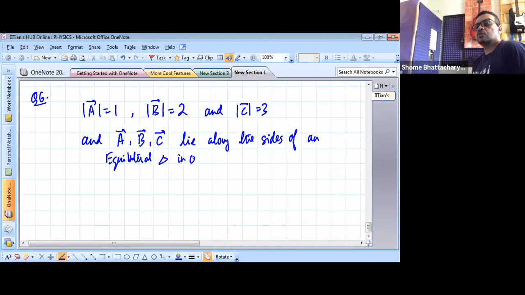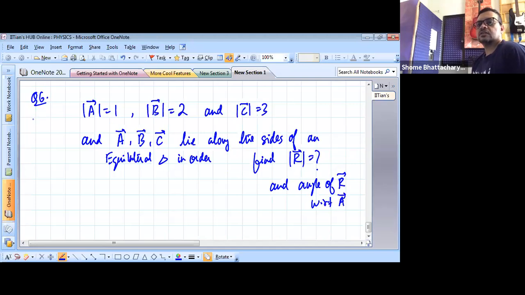Okay, in order. So we have to find the magnitude of the resultant, and also in the 7th question we have to find the angle of the resultant with respect to the vector A. So this is 6th and 7th. So anyway, let's understand the language of the question.